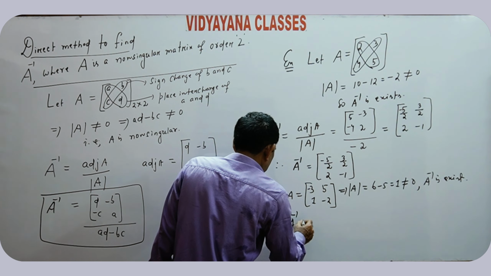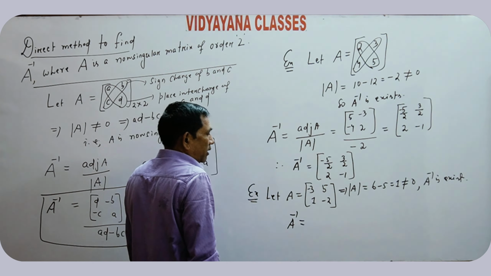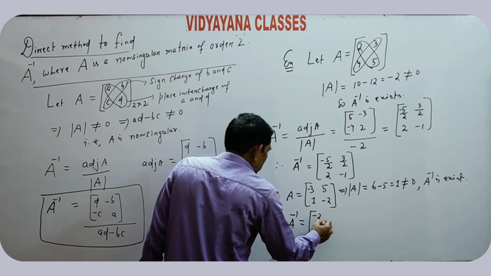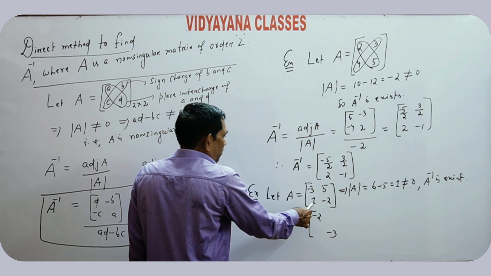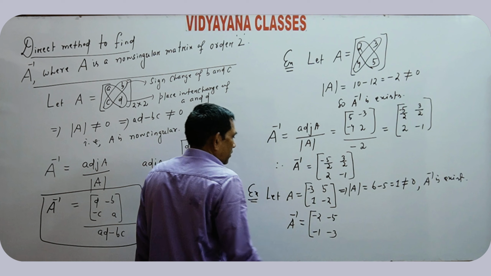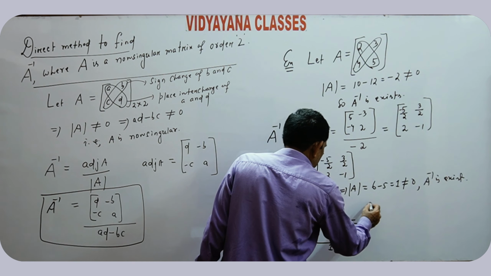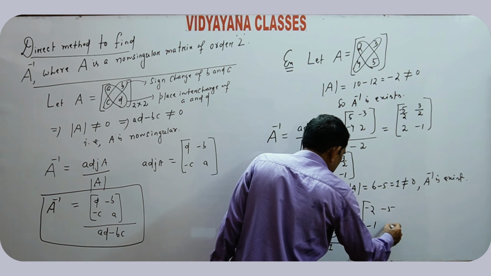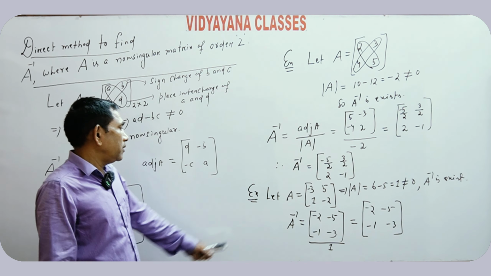A inverse is equal to place interchange of the diagonal elements, that is minus 2, minus 3. Change of sign of 1 and 5: minus 5, minus 1. Divided by A determinant, that is equal to 1. Which is equal to minus 2, minus 5, minus 1 and minus 3. It is the inverse of A.